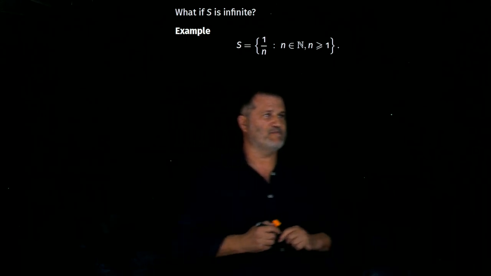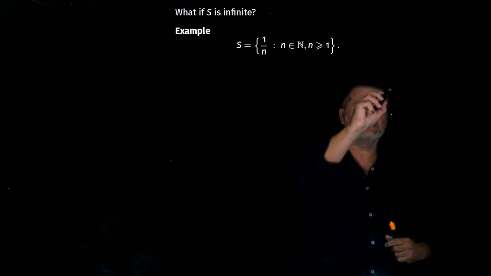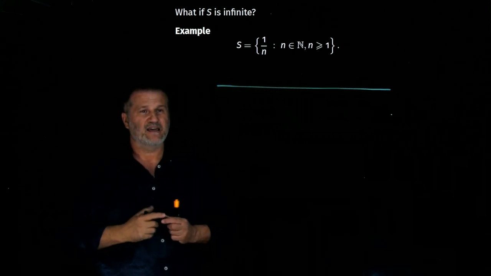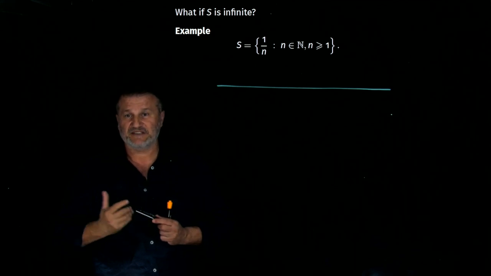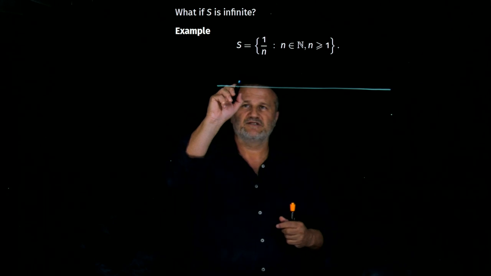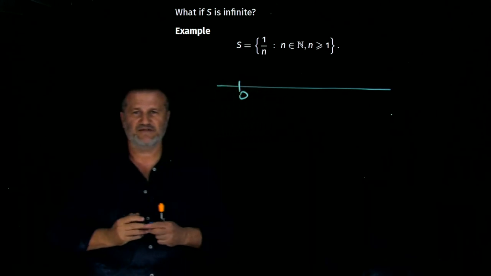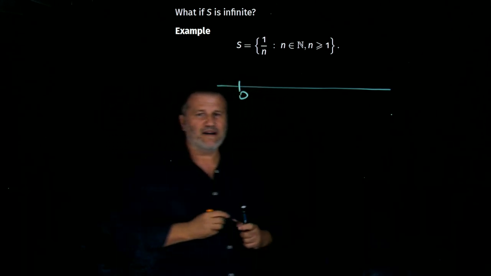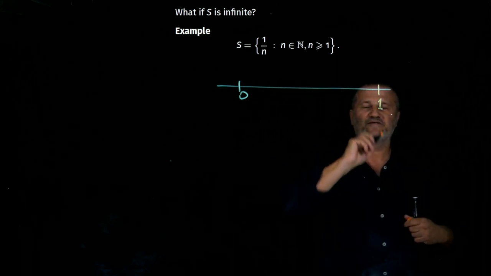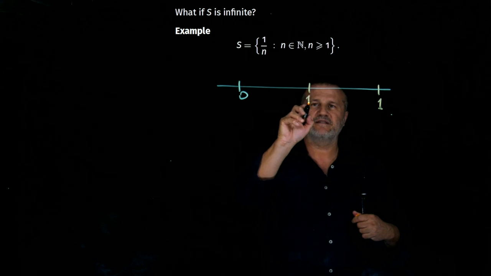We can help the intuition with a sort of figure of this set of numbers in the real line. It is clear that we have numbers which are positive because fractions 1 over n are positive. So they are at right of 0. And for n equal 1, we have 1 over 1. For n equal 2, we have 1/2.